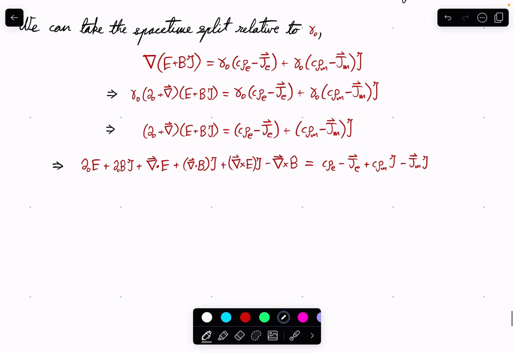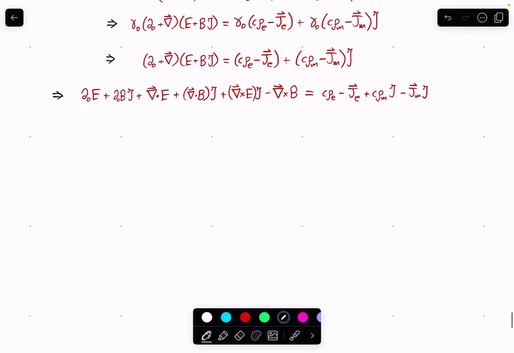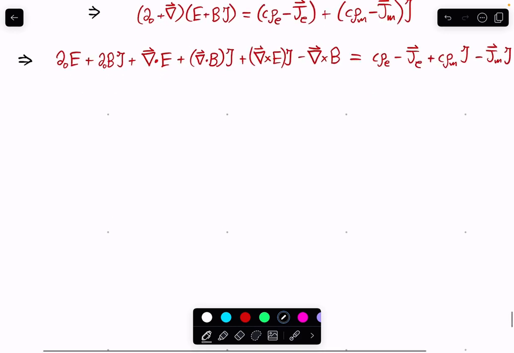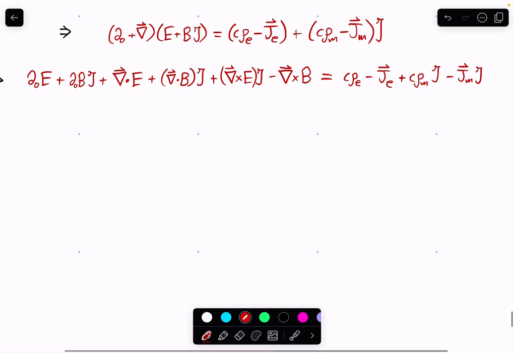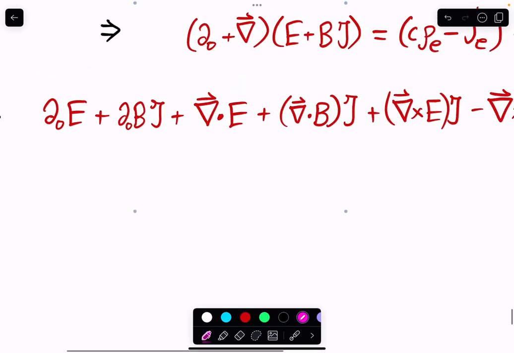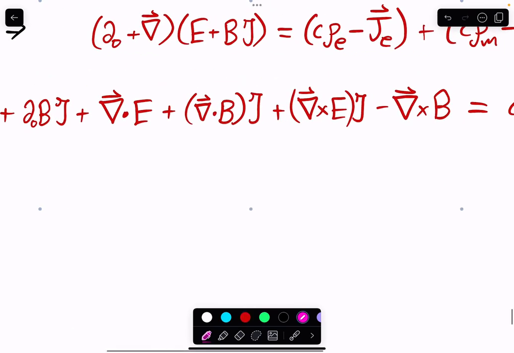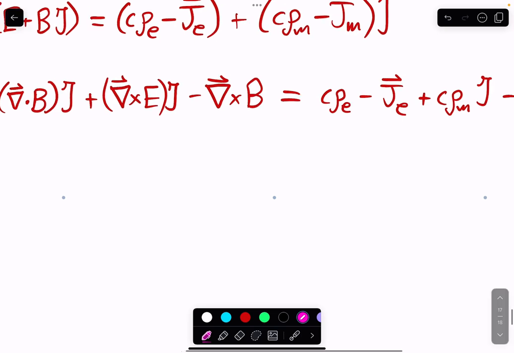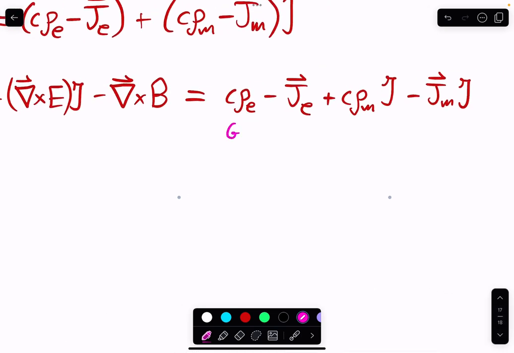And then we can associate every term here with one of Maxwell's four equations. So the divergence here, this is Gauss's law. This is also Gauss's law.